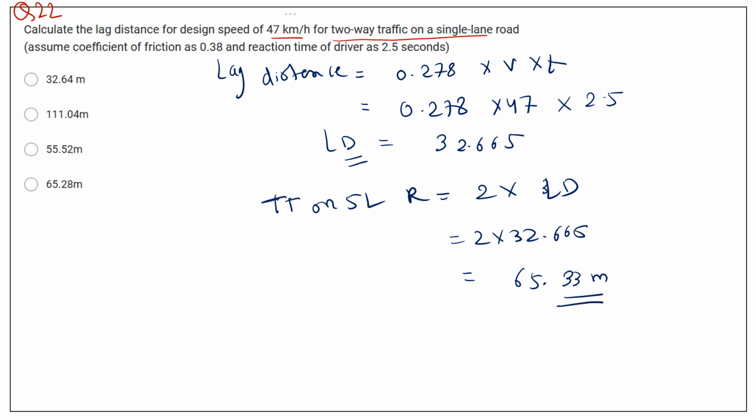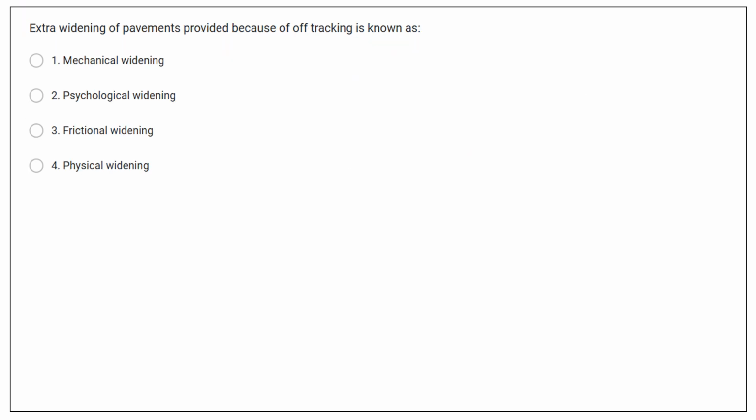So this is the answer of lag distance, and the answer is in option number D, which is 65.28. The next question is question number 23. Extra widening of pavement provided because of off tracking is known as mechanical widening. So first option is correct here.